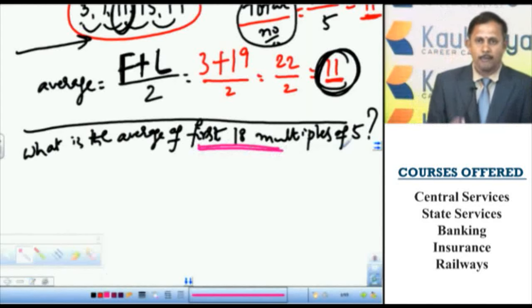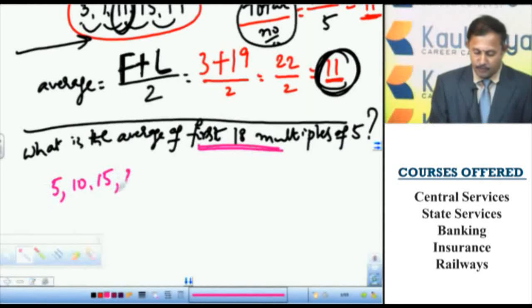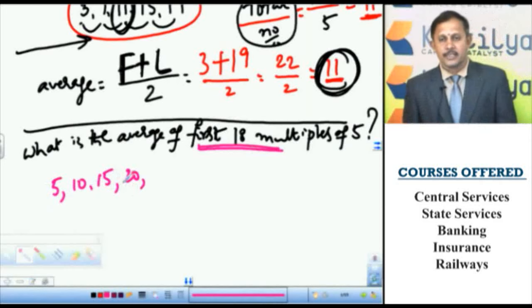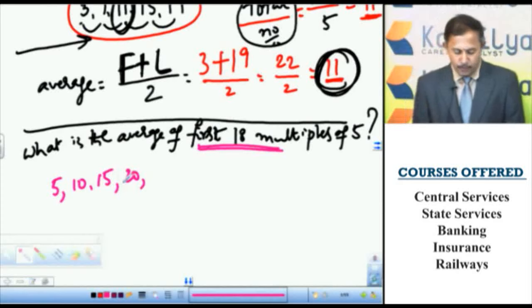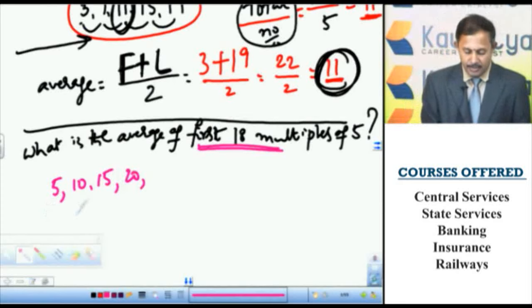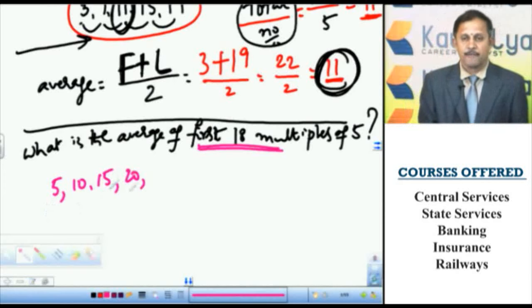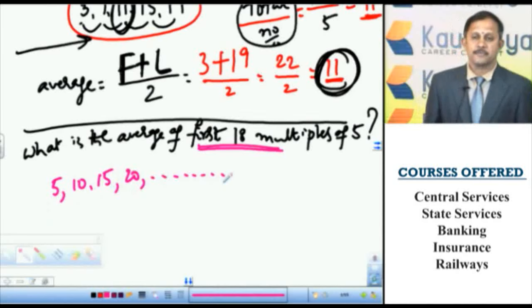You all know multiples of 5, that is 5 into 1, 5 into 2, 5 into 3, 5 into 4. Like that we are interested in 18 elements. These 18 elements must be the multiples of 5. So the first element is 5, the second element is 10, the third element is 15, and the fourth element is 20. Then what will be the 18th element in that series?